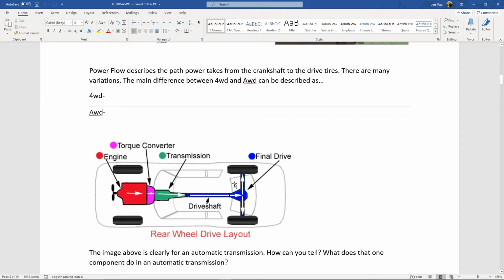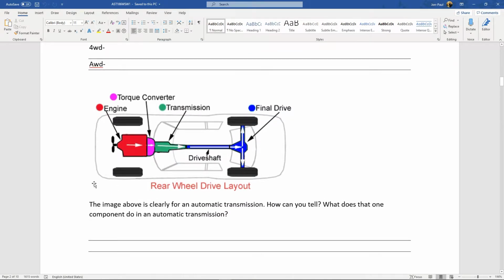On this little diagram I've got here, rear-wheel drive layout, I want you to look at it for a second. Just looking here, how do I know that this transmission is an automatic? It has one component that we will not find in a manual transmission, and that is this torque converter.